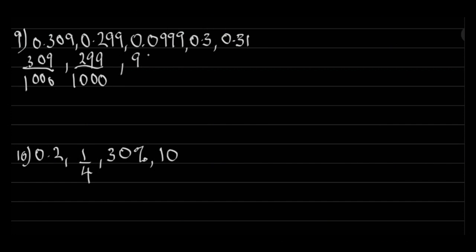Then 0.999 has 4 decimal places, so we have 999 over 10,000. Then 3 over 10, because 0.3 has only 1 decimal place, and then 31 over 100, which has 2 decimal places.